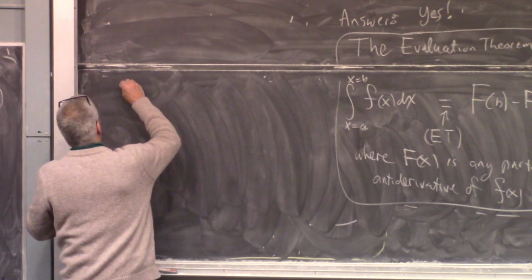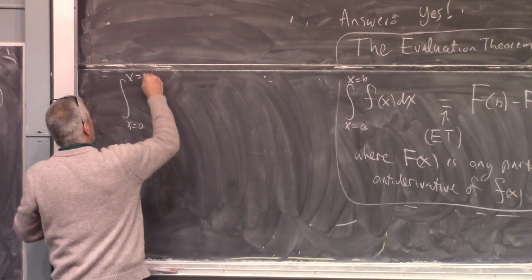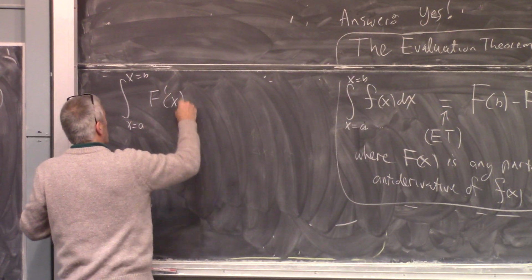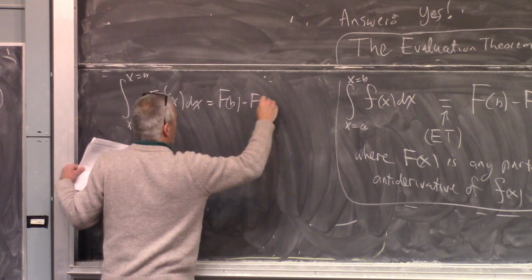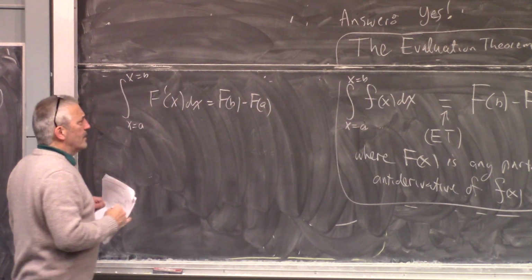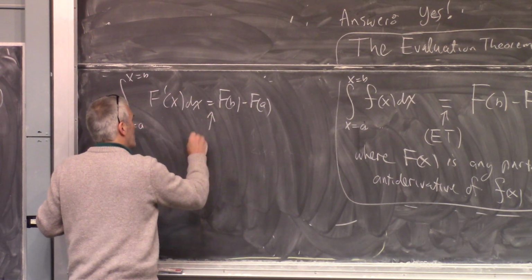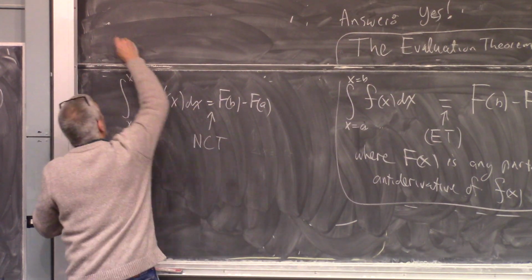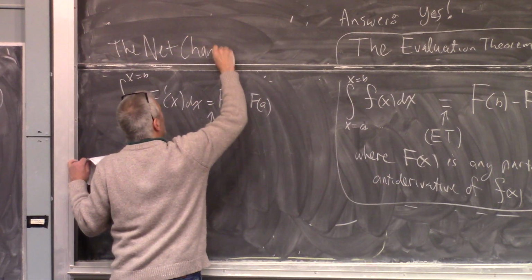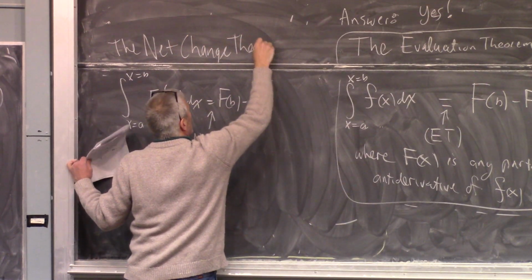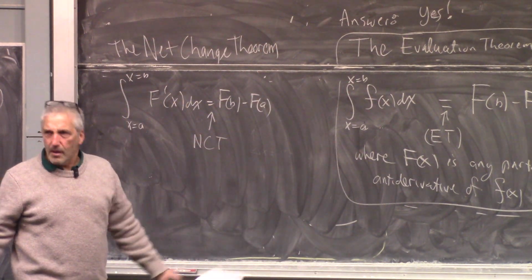When I take that whole thing and replace it, I get x equals a, x equals b, and inside I have capital F prime, and on the outside I have capital F of b minus capital F of a. This is called the net change theorem. It's just the evaluation theorem dressed up a different way.